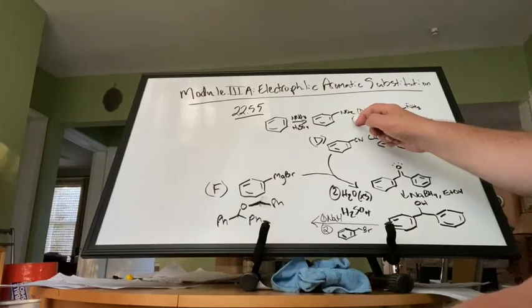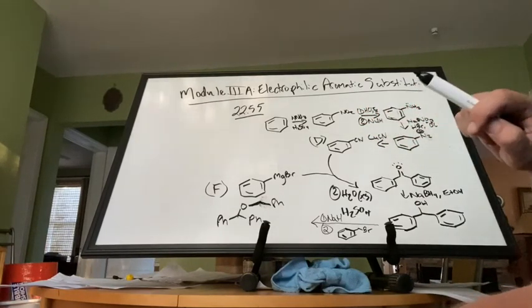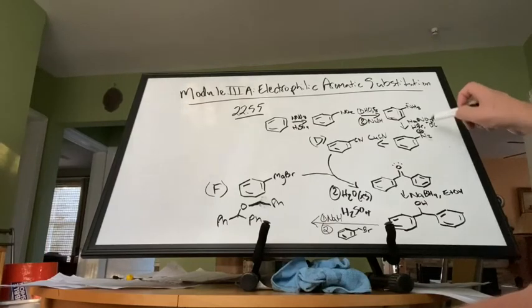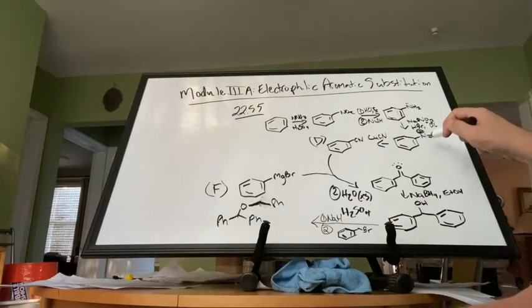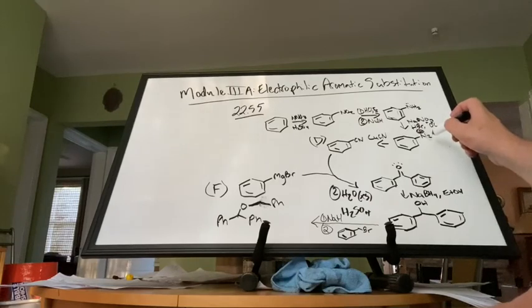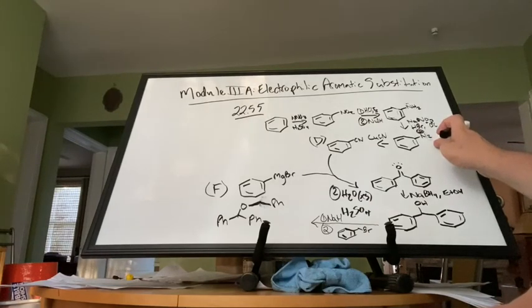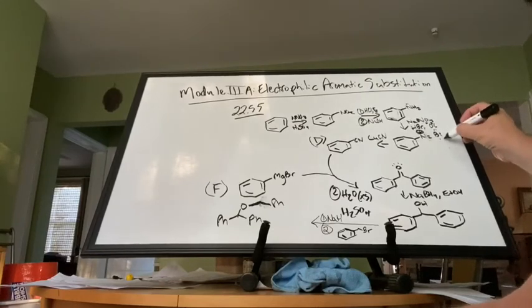Nitration followed by reduction to get an amine. Treating that amine with NaNO2 and HBr is going to form a benzene diazonium ion intermediate, stabilized with Br minus.